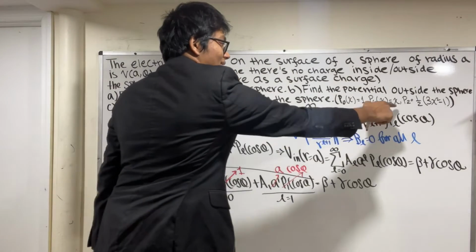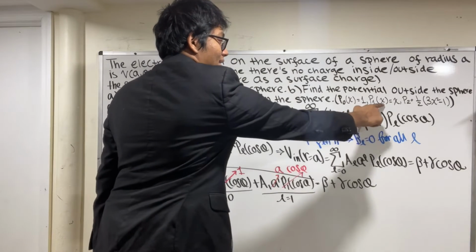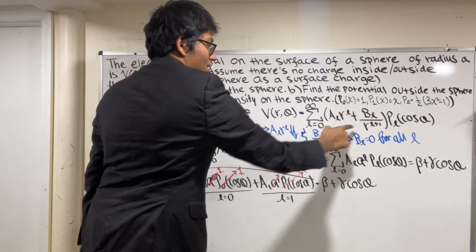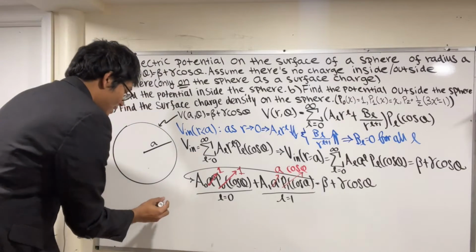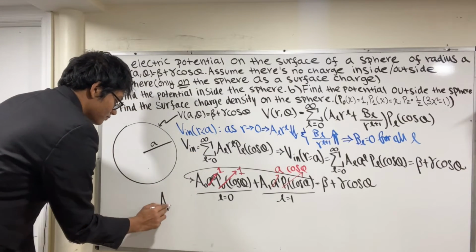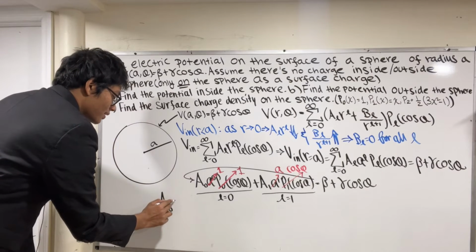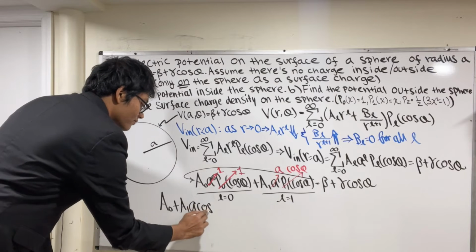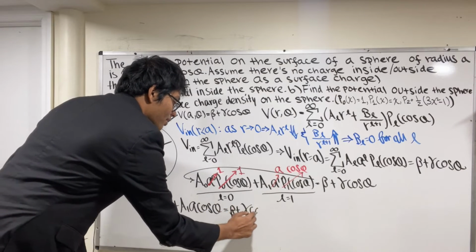If you're wondering why it says x here, it says P sub 1 of x, and here we have P sub 1 of cosine theta. Since x is cosine theta, P sub 1 of cosine theta is simply cosine theta. So what are we left with? A sub 0 plus A sub 1 A cosine theta is equal to beta plus gamma cosine theta.